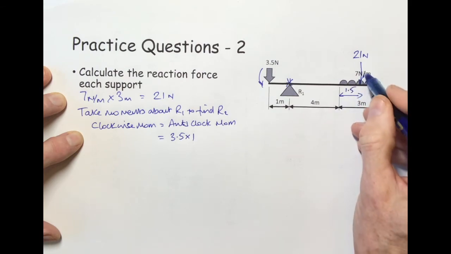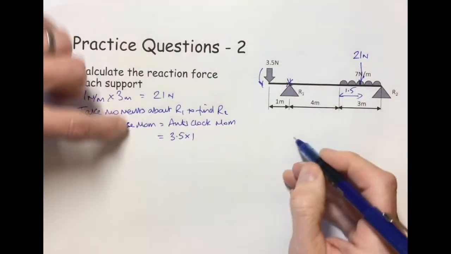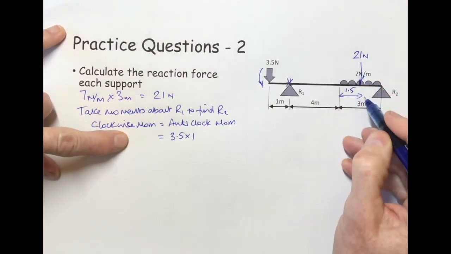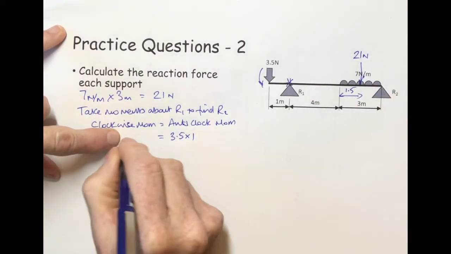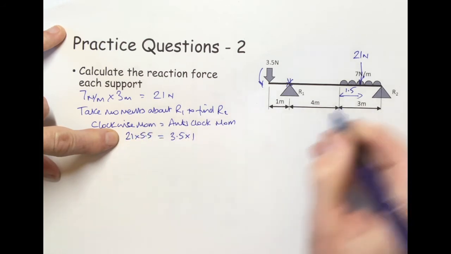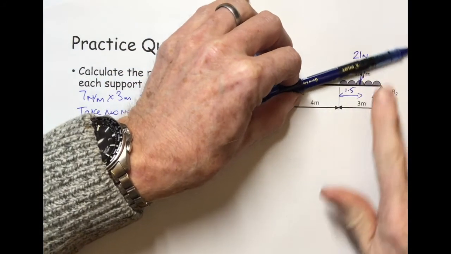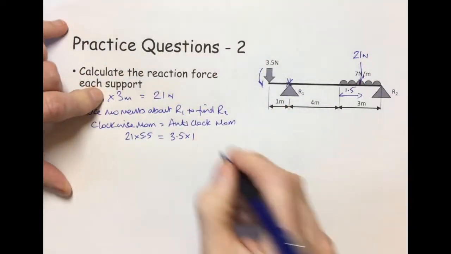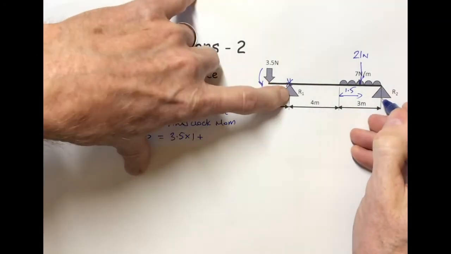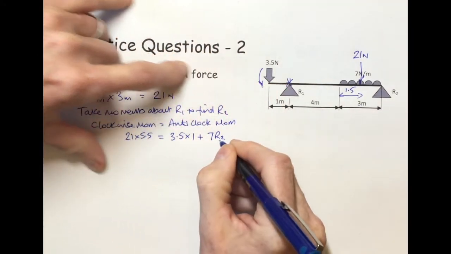Therefore, this one is acting in a clockwise direction, so it goes on this side of the equation, 21 times 5.5. And then the reaction force here is pushing this way, which is going to be anti-clockwise, and the distance there is 7, so that'll be 7R2.